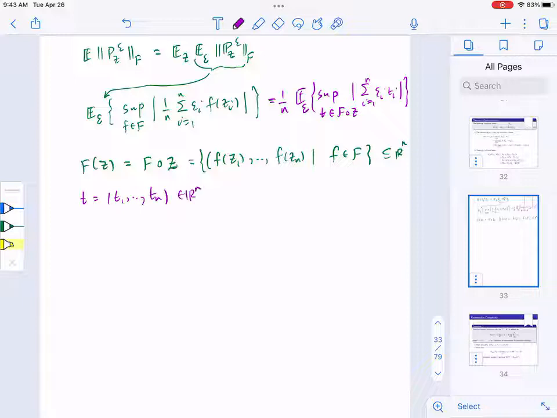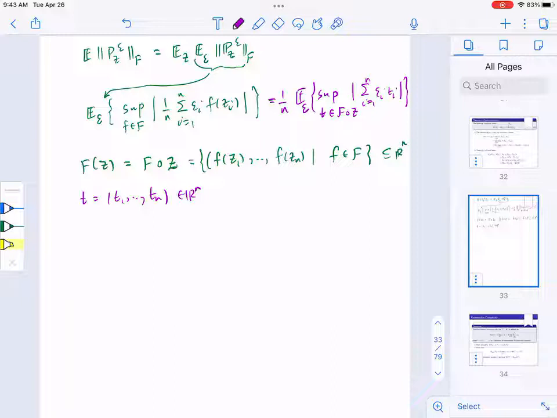As little f varies in capital F, this gives some vector t in R^n, so I'm basically doing a change of variable.